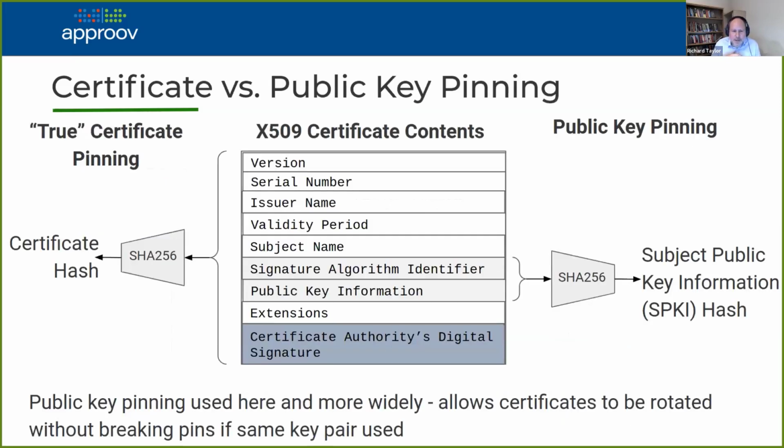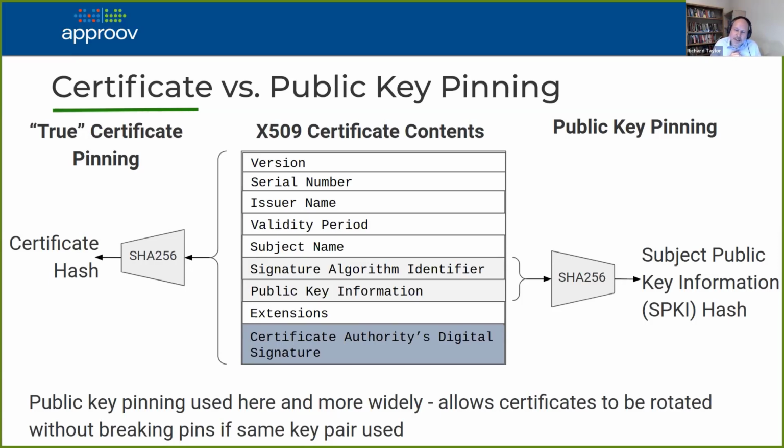So there are two types of pinning. I'm describing this as certificate pinning, although technically that's not what the pinning is. It's actually public key pinning, which is a much more popular way of implementing pinning. So essentially, the difference is that you have a certificate which has many fields, some of which are shown here, like serial numbers and how long it's valid for, etc. And ultimately the signature of the certificate authority or the next authority up in the chain.